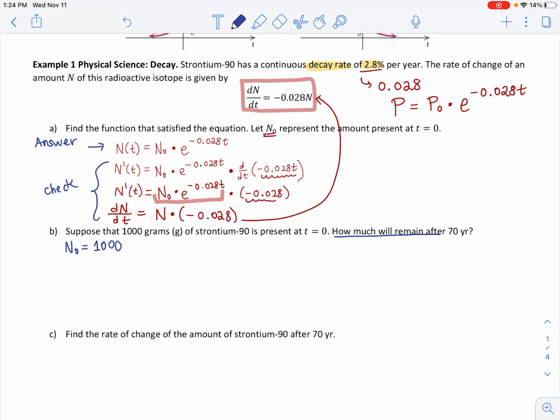So if you want to find how much of this strontium 90 we're going to have, we're going to use that n of t function, which is, now by the way, n naught is what? 1,000 here, times e to the negative 0.028t. So let us find n of 70 years later. 1,000 times e to the negative 0.028 times 70.